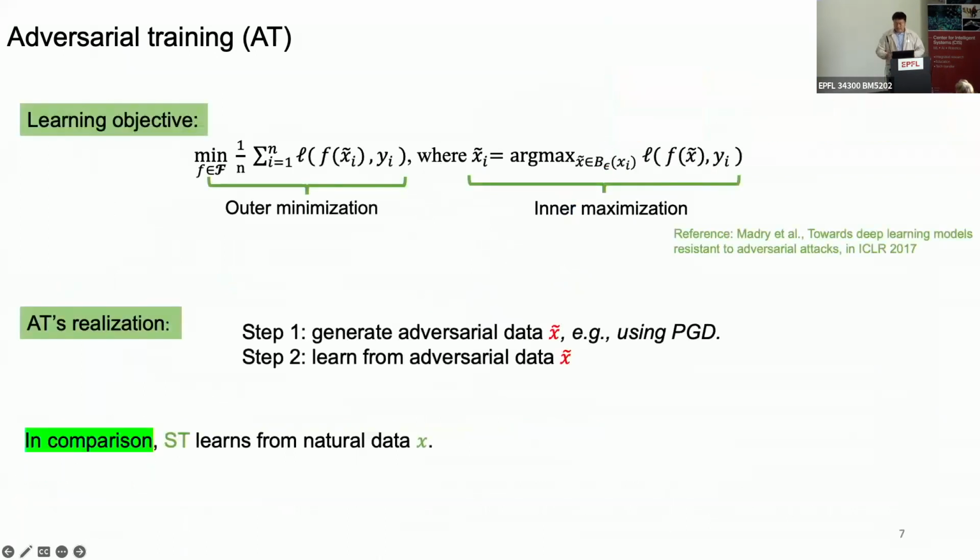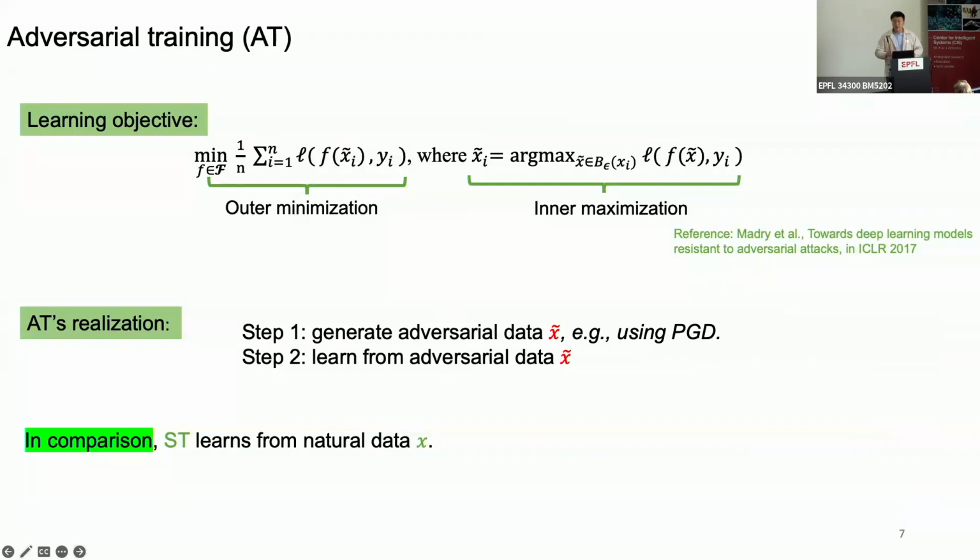The learning objective of the vanilla adversarial training is a minimax formulation. Inside, there's a maximization where we use the PGD method to generate the adversarial data. Of course, we can use a newer method, which is more fantastic. Outside, we have a minimization where we use a classifier to fit those generated adversarial data. To realize this learning objective, we can use the alternating optimization technique.